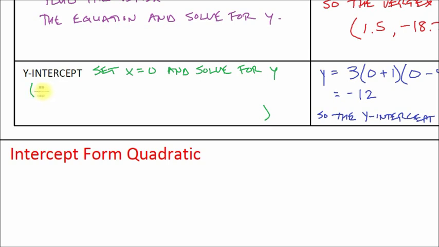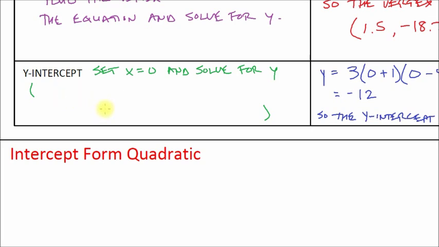I'm not going to write it, but in parentheses you should write: Why do we set the x equal to 0 and solve for y? Because the y-intercept will always have an x value of 0. So I'll say that again. Because the y-intercept will always have an x value of 0.